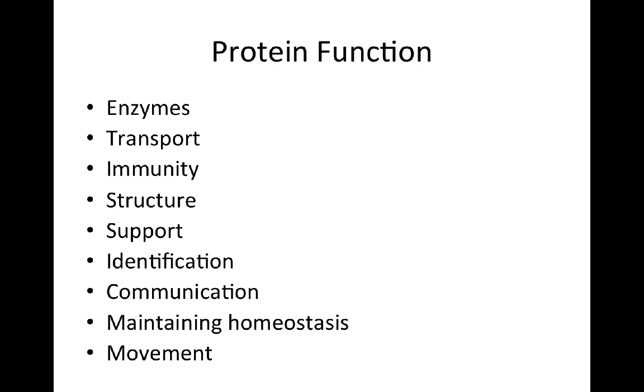And then finally, probably the most commonly thought of function of protein is movement, muscle movement, but it's also cellular movements of things within the cell. So this is just a brief summary of the functions of proteins. They really are a diverse category, and it's really the structure of the protein that's going to give them all of their diverse functions.